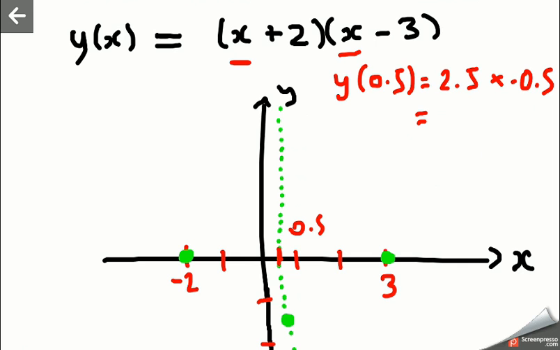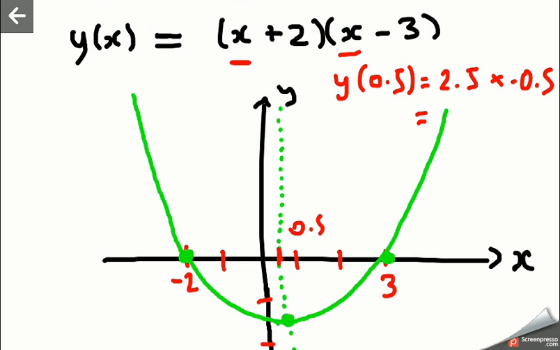We can see that it's going to basically take this type of form, because we know that all parabolas have that kind of curved shape, and we can see that it goes through these points here. That alone is enough to get a pretty good idea of what it's going to look like. If we wanted to, we could plot more points, but I don't think it's necessary here.